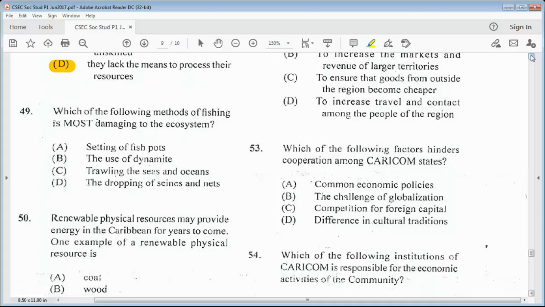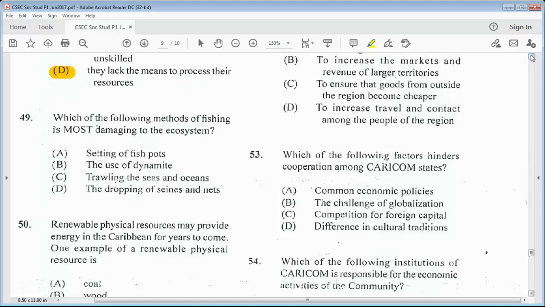And D, the dropping of seines and nets. So we are left with option B and C. This may be arguable, but let's go with C. Some persons may say B, the use of dynamite, but that one is very debatable, so to speak.